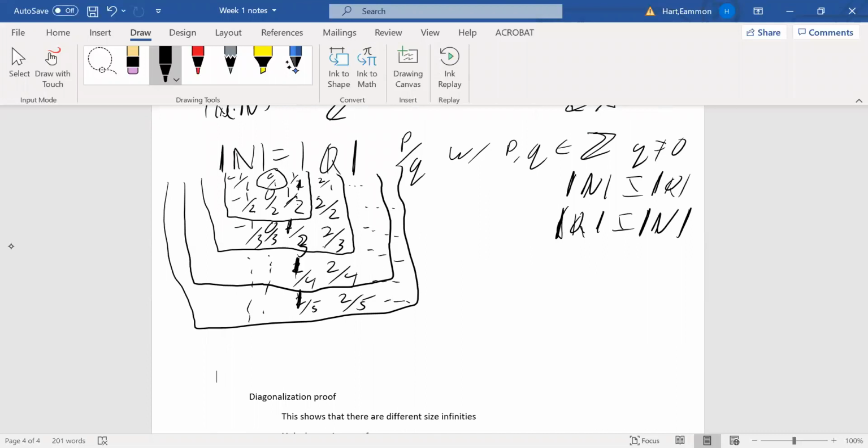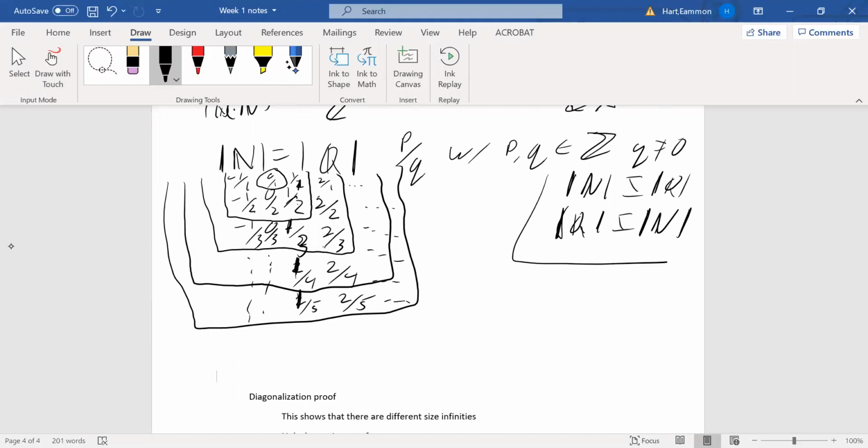We still have every single element of the naturals corresponds to a unique element of the rationals, which means that we have a function, and we also know that this function is surjective. That means that it covers the rationals.